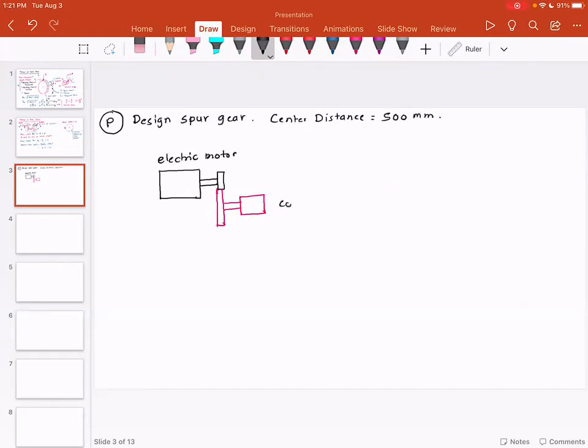And maybe this is a compressor. The speed of the electric motor is 900 RPM. So input RPM, 900. The output or compressor RPM, 200.